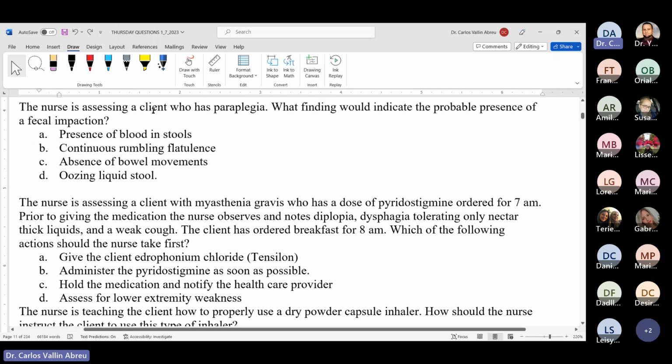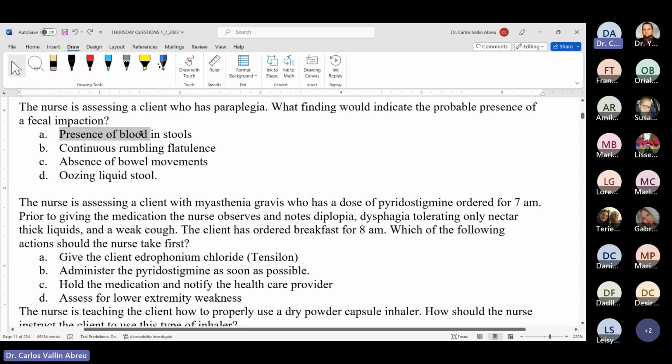The nurse is assessing a client who has paraplegia, okay? Paralysis of the lower part of the body. What finding would indicate the probable presence of fecal impaction?